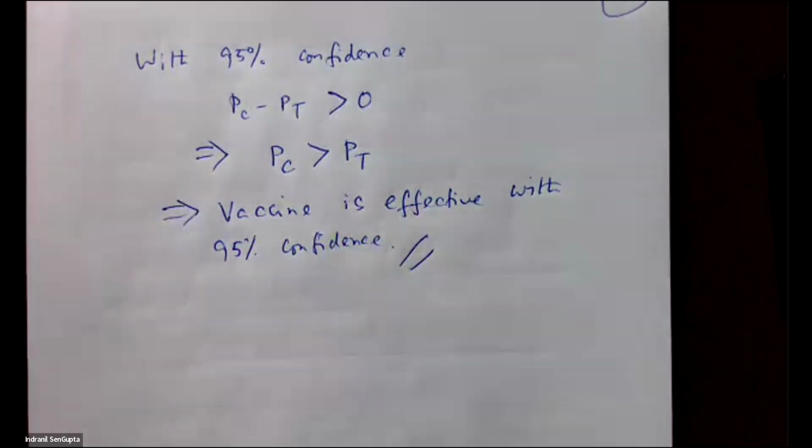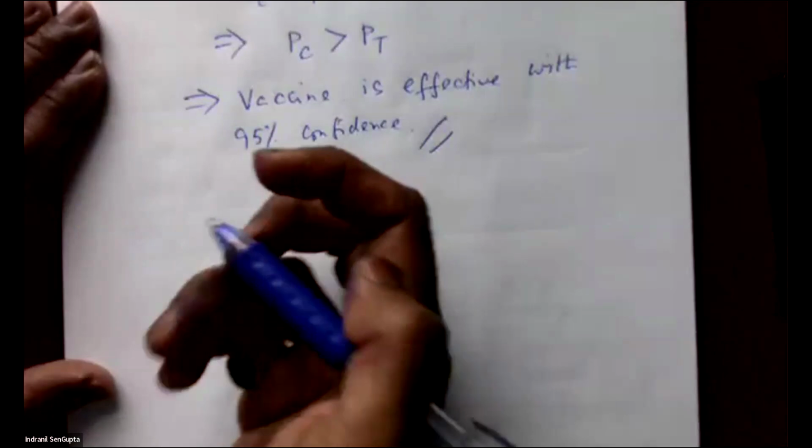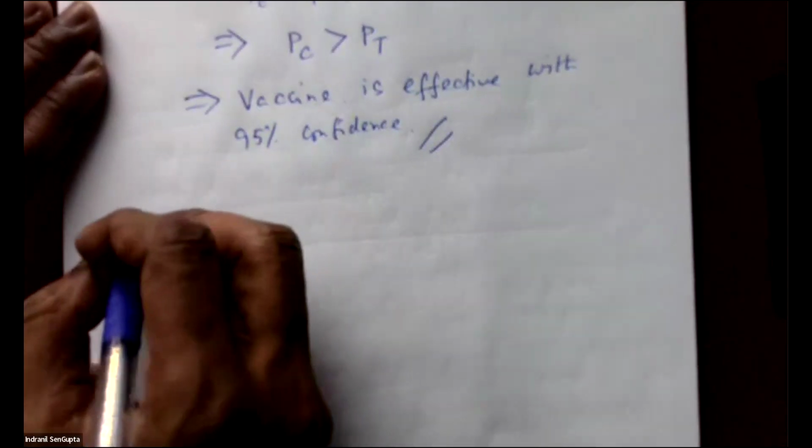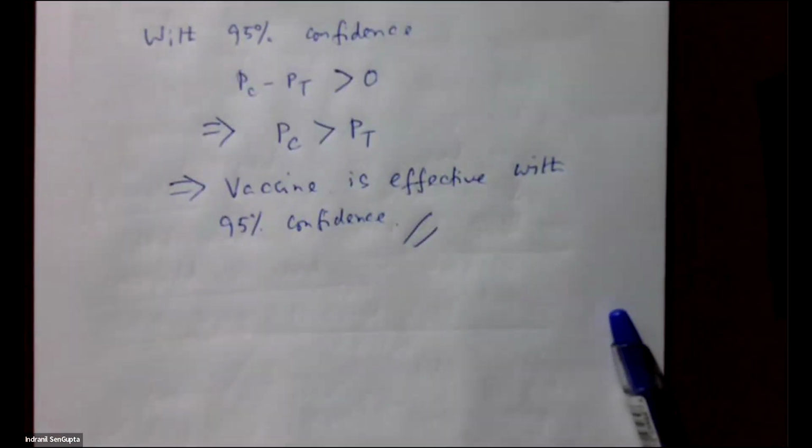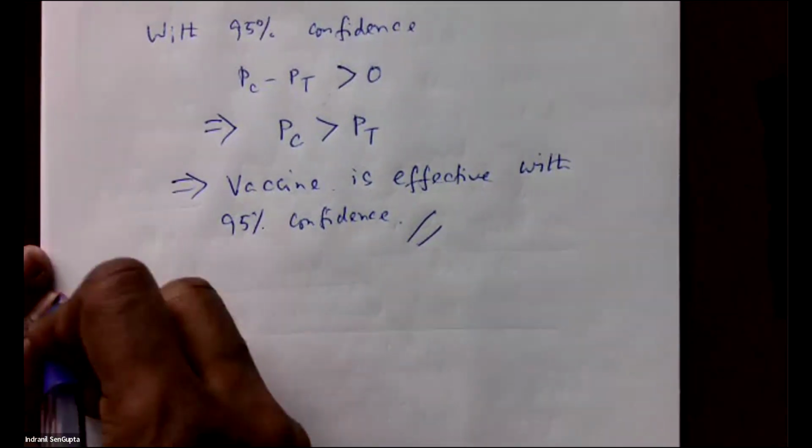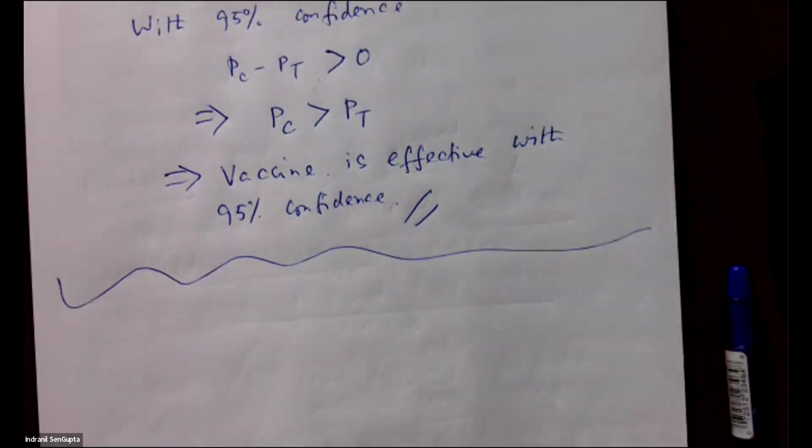Okay. Now, this example was actually from the book, as I mentioned. The exact reference is given in the book. It's from a study. It does not mean that all vaccines will be effective, but this is the case. Okay. All right. So that is all about it.